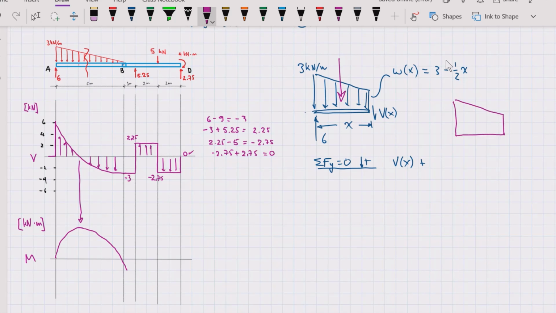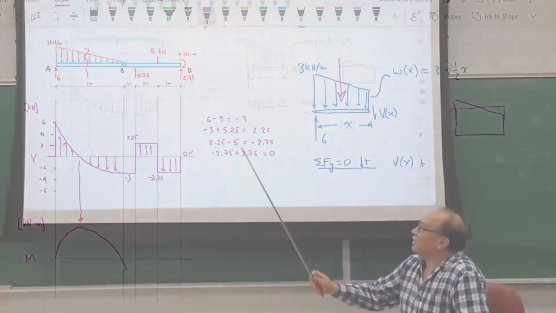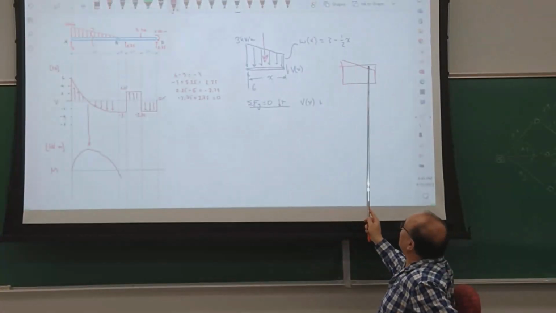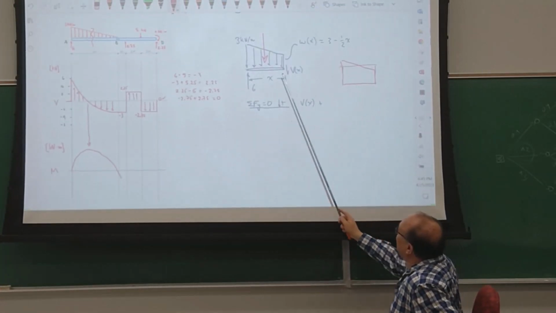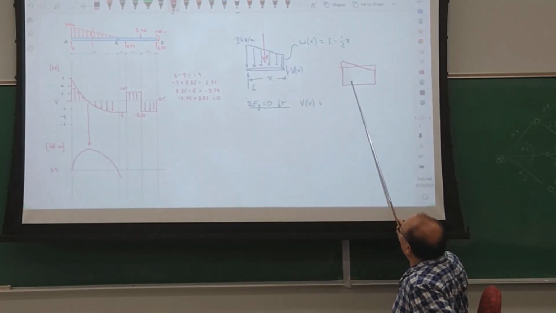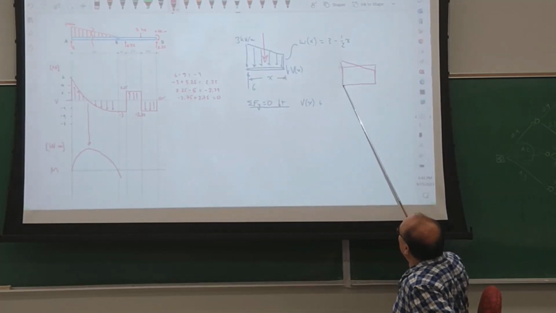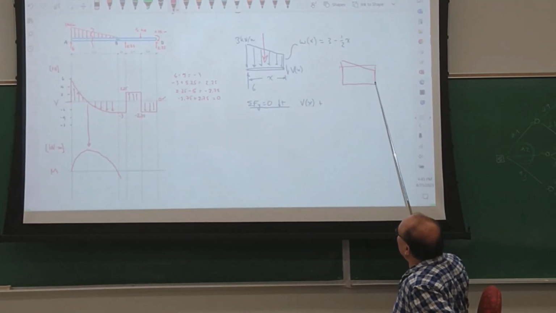Imagine that the area of the trapezoid is just a rectangle here in the middle. That's how you see it, because this little triangle balances this one, so it's the same as a rectangle that has the same base, but the height of the rectangle is the average between this value and this value.